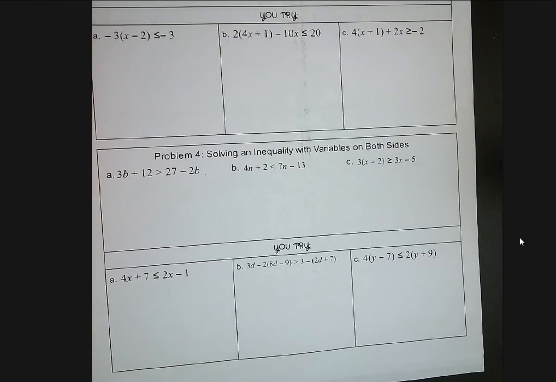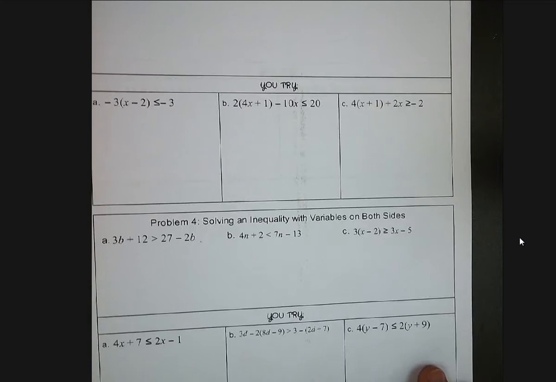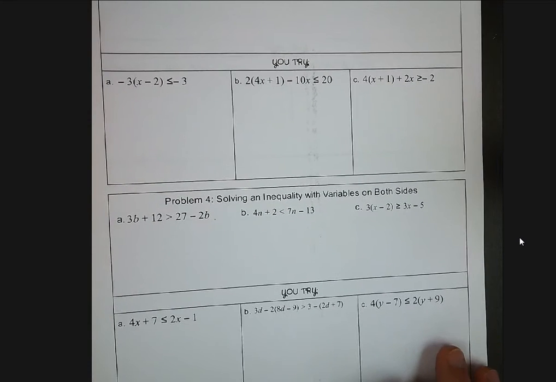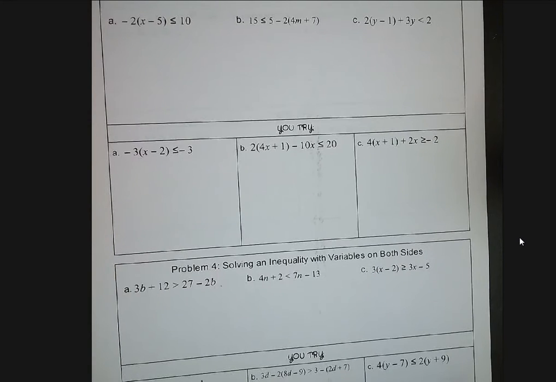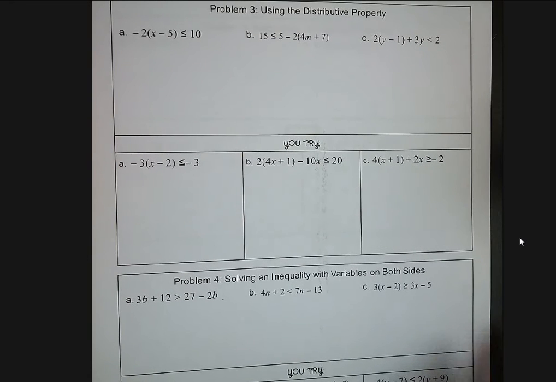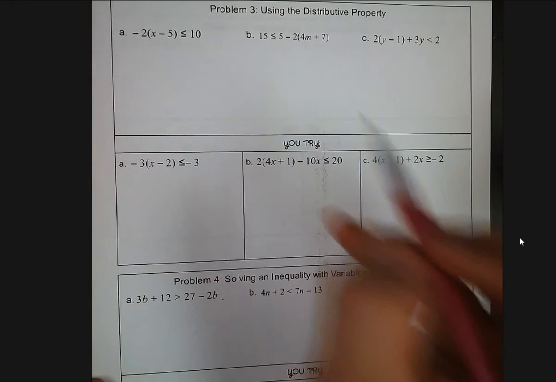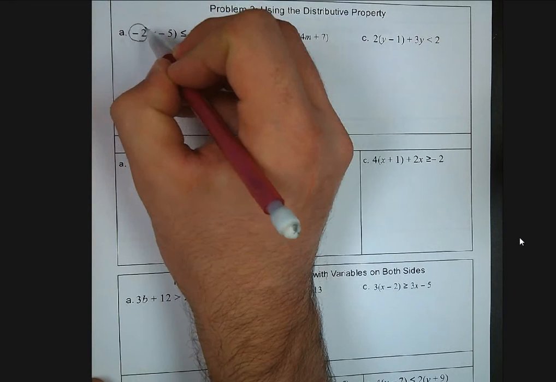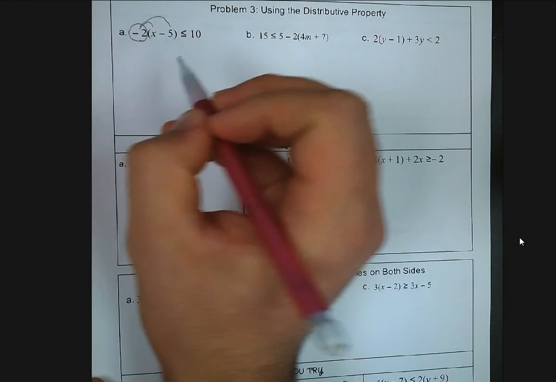Moving on to page number 2 and problem number 2. We have, a little further down. All right, so we're going to use the distributive property for problem number 3. So let's start off. We distribute -2 times x and -2 times -5.